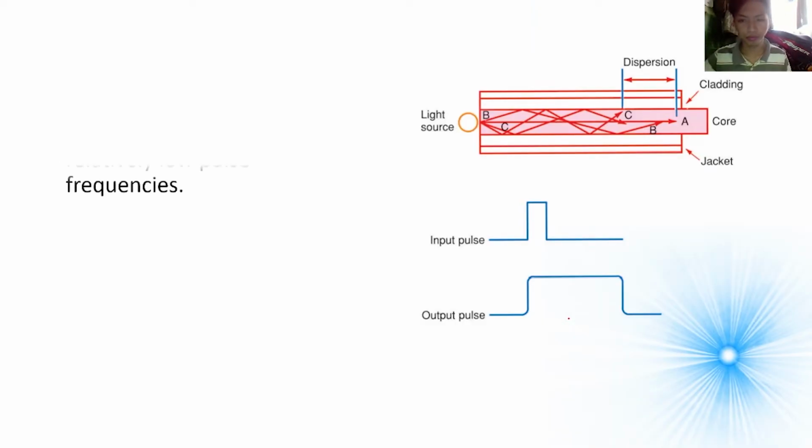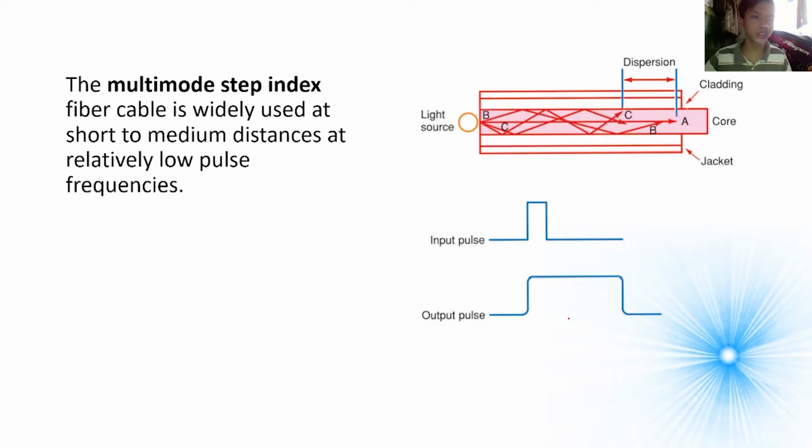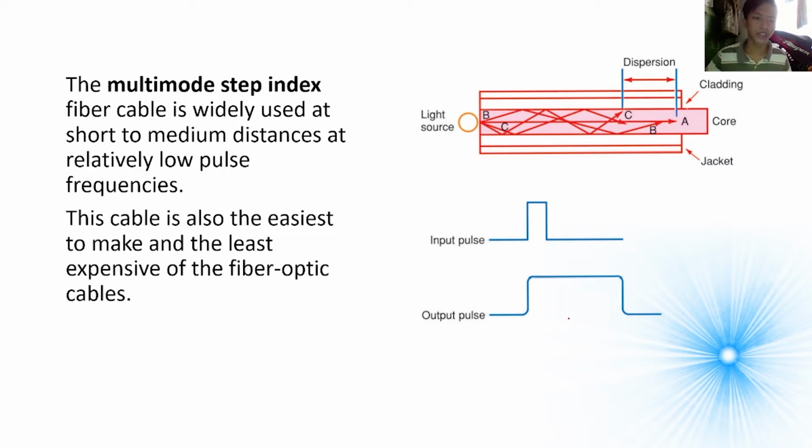The multi-mode step index fiber cable is widely used at short to medium distance at relatively low pulse frequency. This cable is also the easiest to make and the least expensive of the fiber optic cables. It is easiest because, as you can see, the graph of N2 and N1 is like this, which does not have a smooth transition of the fiber.